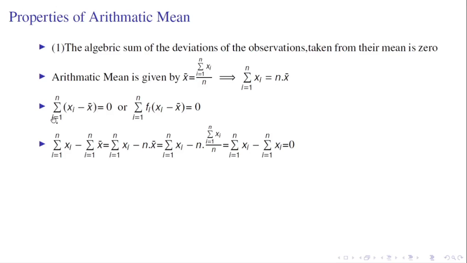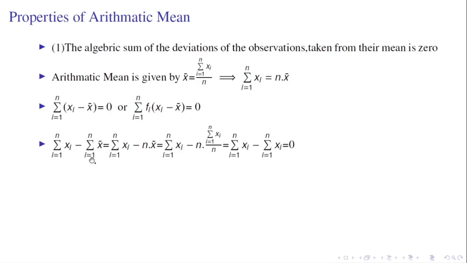First, take summation inside the bracket. Summation i is equal to 1 to n xi and summation i is equal to 1 to n x bar. This is equal to summation xi minus, this is summation over a constant.